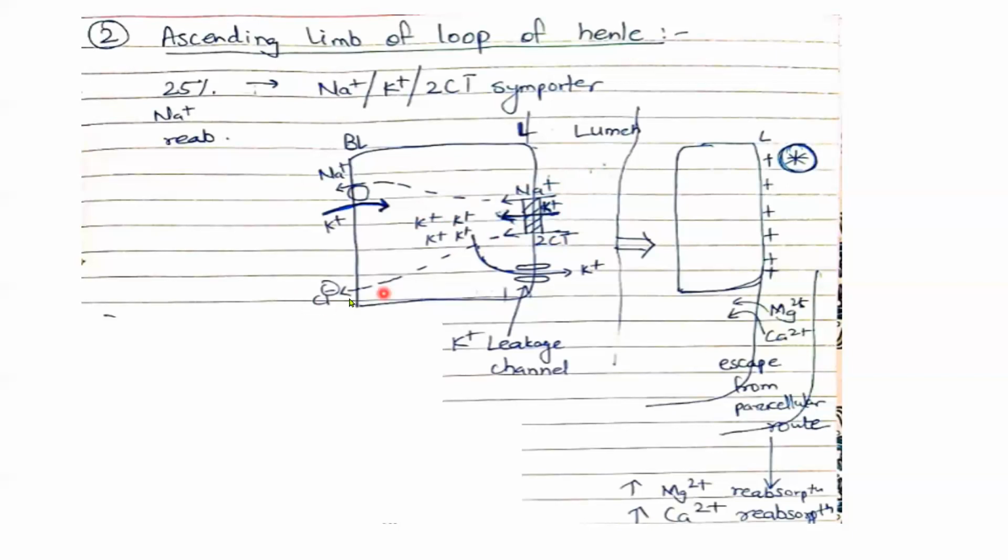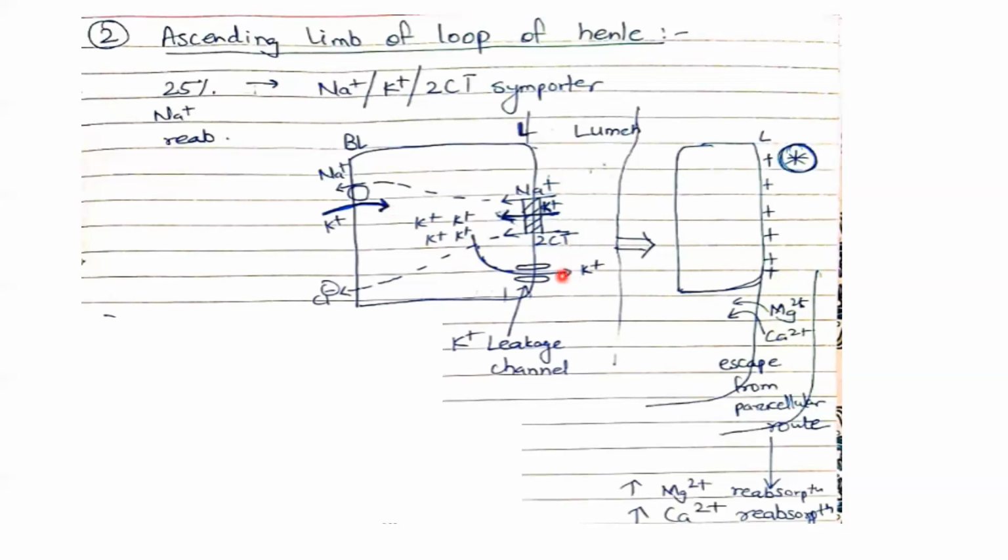There are channels, there are transporters. What about potassium? It is coming inside the cell from the lumen, but also from outside, because sodium has to go out. So a lot of potassium is coming here and getting concentrated here. This potassium finds its way into the lumen via leakage channels.